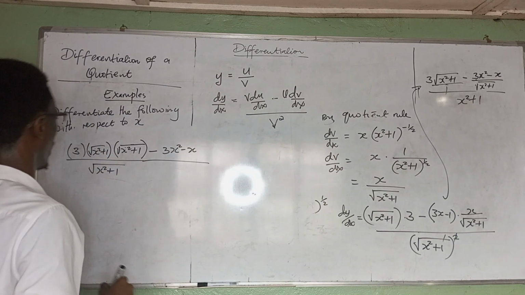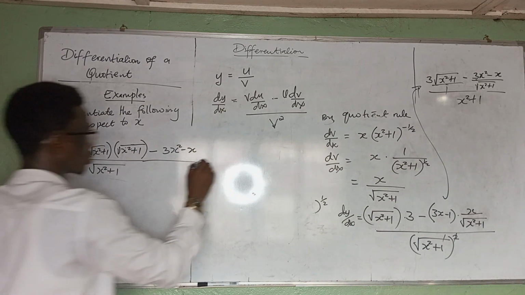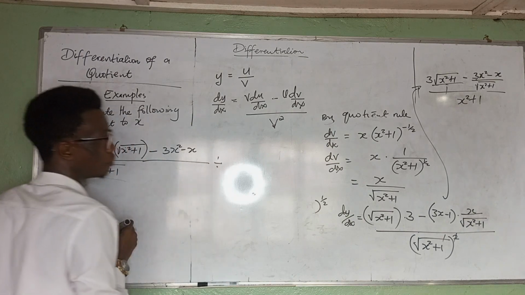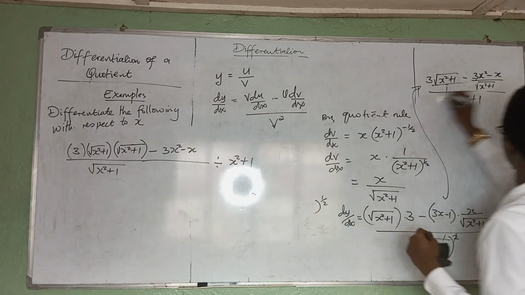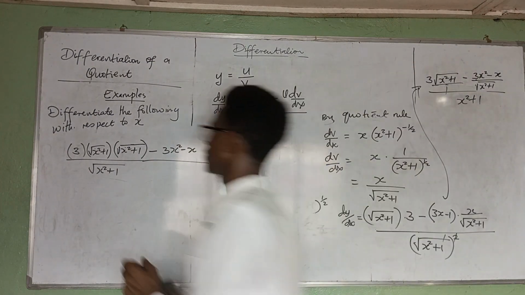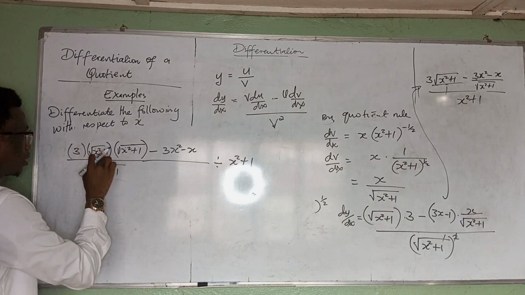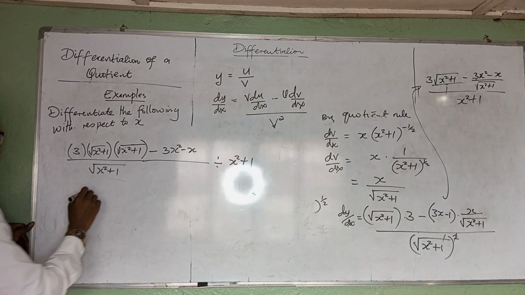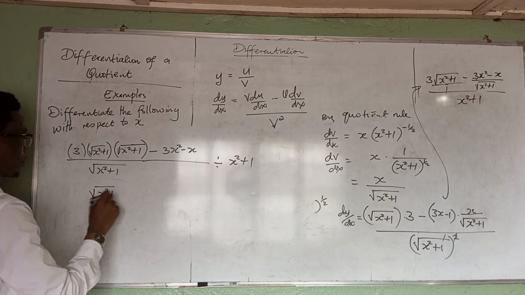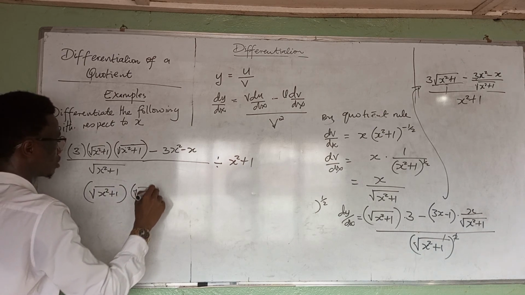Okay, fine. So now we can change that division by this, which is x squared plus 1. So this by this. Okay, now what happens here? Root x squared plus 1 with x squared becomes what? x squared plus 1. So you have root x squared plus 1 multiplied by root x squared plus 1.